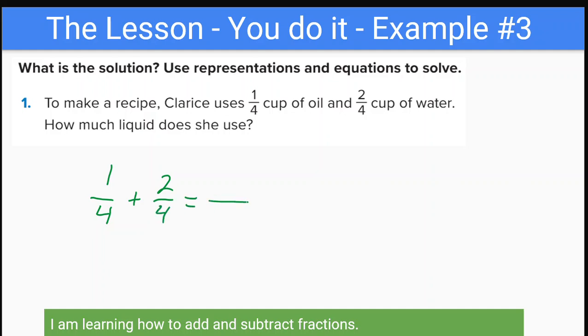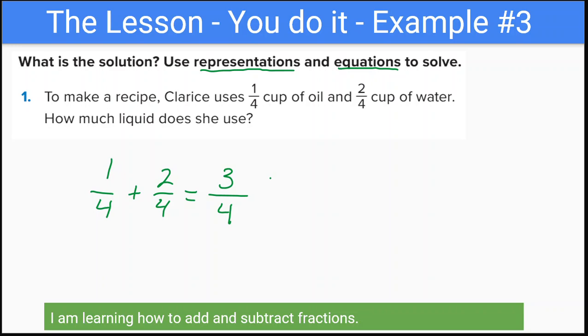We know it's fourths. 1 plus 2 is 3, and the answer is 3/4. Now, it asks you to use a representation, which could have been a number line or a picture, and an equation to solve. We just used an equation right here. Kids, you're learning how to add and subtract fractions.